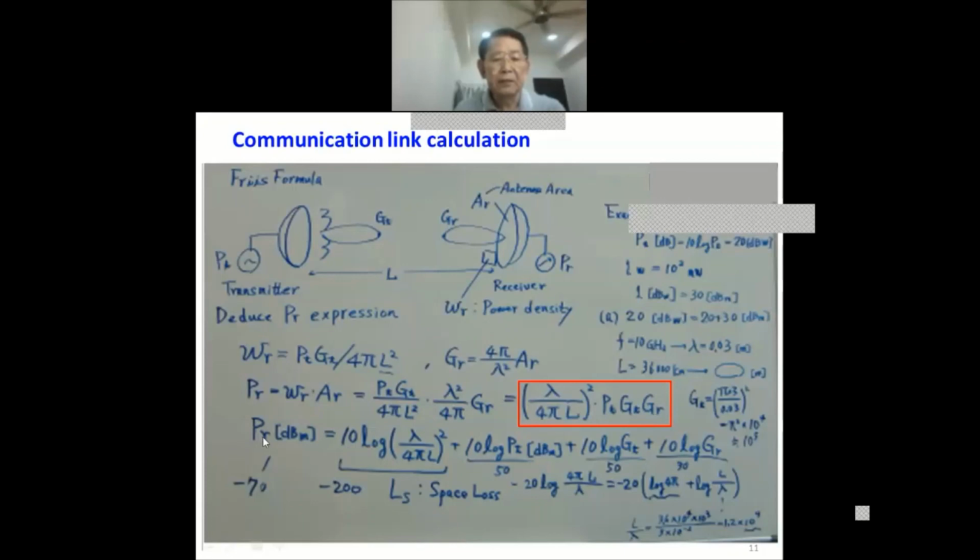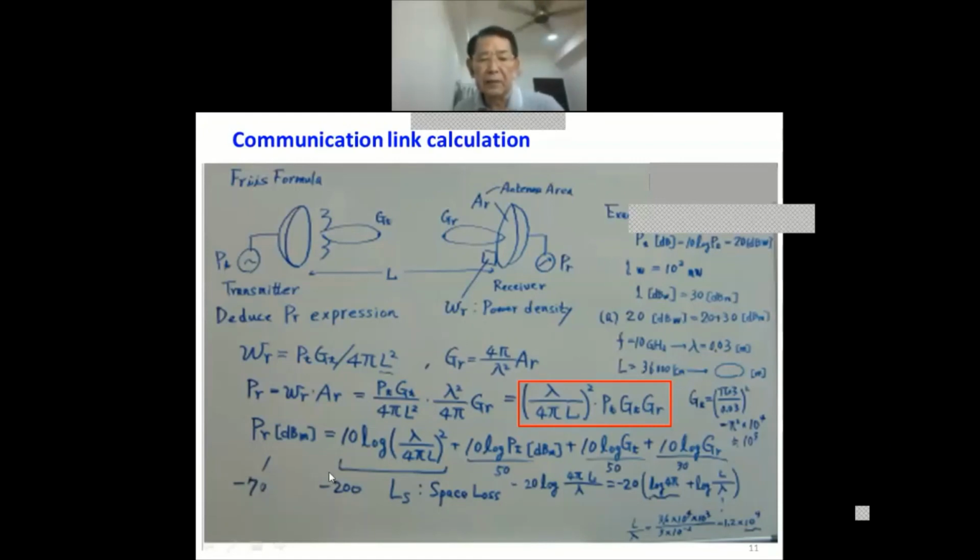You understand that in heavy rain, your satellite TV becomes unavailable. That is the reason: our satellite TV received power is not so high.